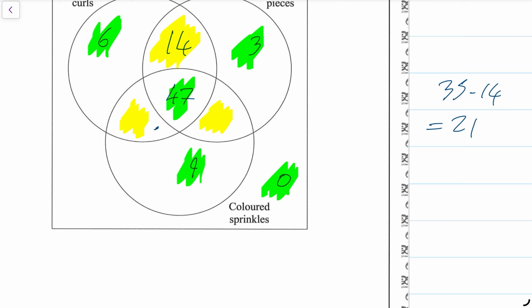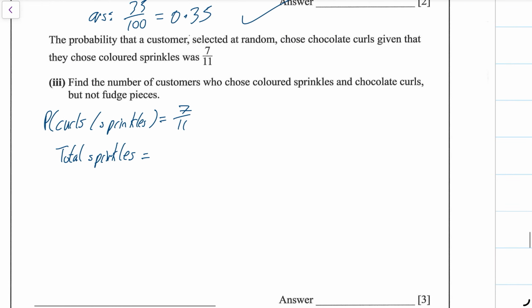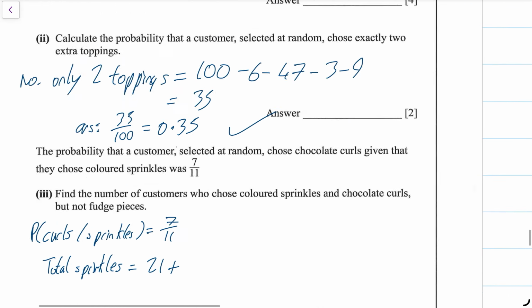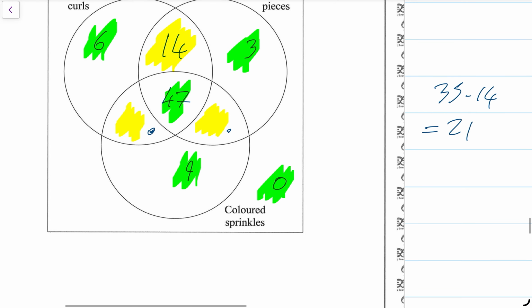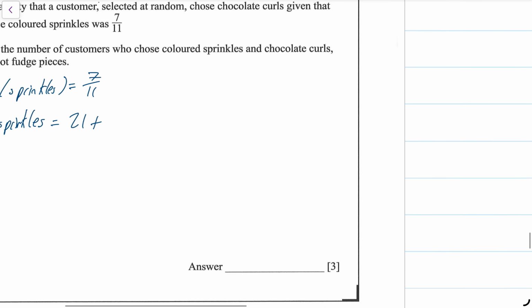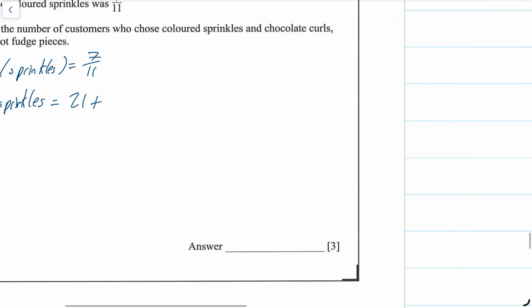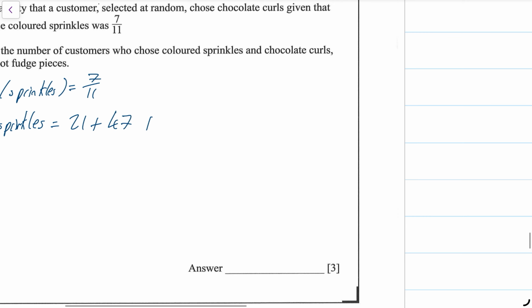So this one plus this one adds up to 21. Okay, so your total for sprinkles is 21 plus, that was those two bits with circles, plus 47 plus 9. So it's 21 plus 47 plus 9.